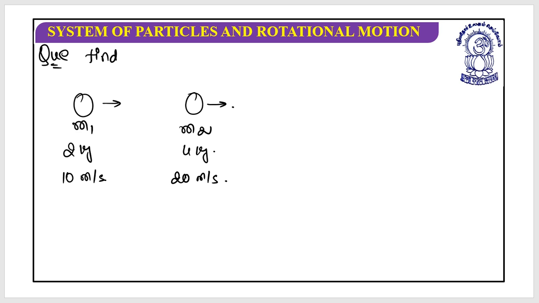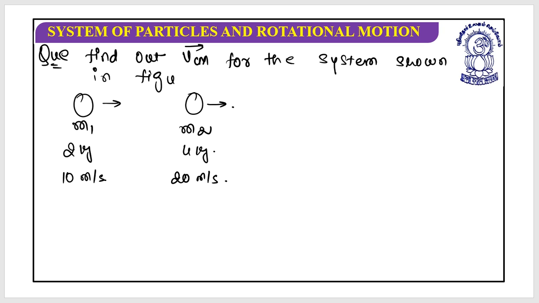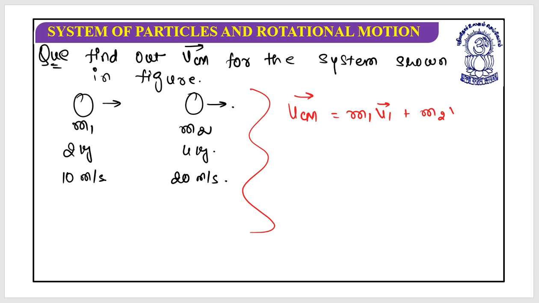They want us to find out VCM, the velocity of center of mass, for the system shown in the figure. So what I will write is VCM equals m1 v1 plus m2 v2 divided by m1 plus m2.